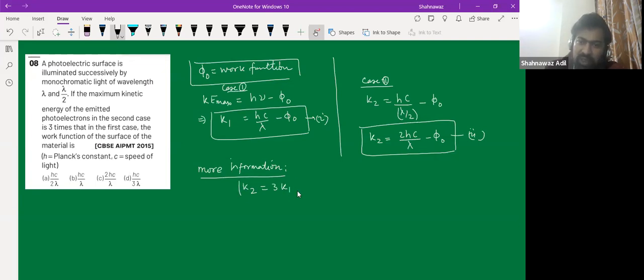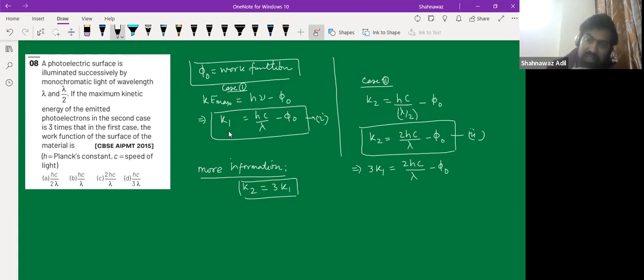So we know this thing, right? If we put this thing in here, we will get 3K1 equals 2hc by lambda minus phi. And again, if you look at this part, K1 is given.